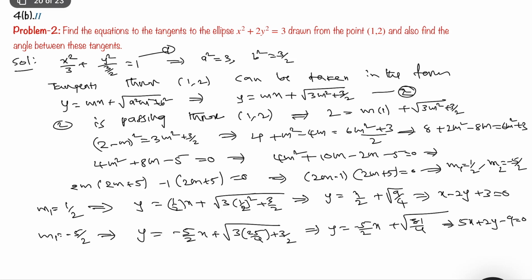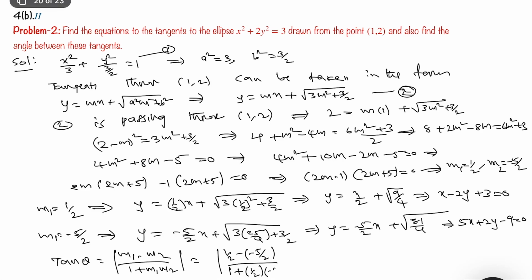Now let us find out the angle between these two tangents. Now the tan theta formula I can write in terms of these slopes: mod m1 minus m2 by 1 plus m1 m2. It's going to be m1 is 1 by 2 minus of minus 5 by 2 by 1 plus 1 by 2 times minus 5 by 2.